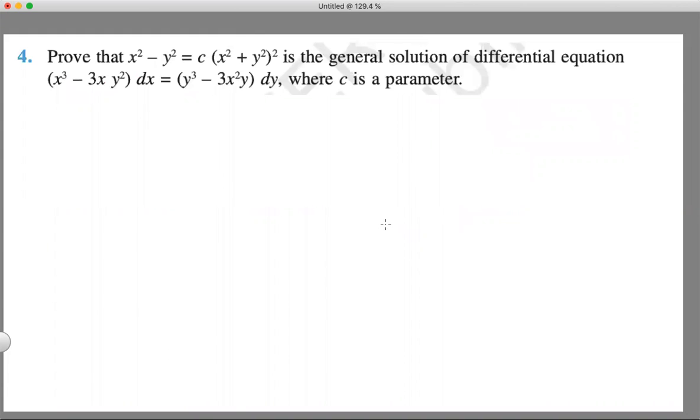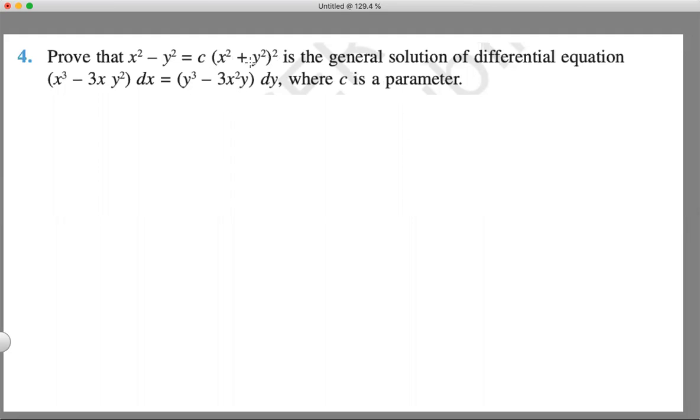And then this was another question that was asked. I don't remember who asked this, but now prove that x square minus y square is equal to c x square plus y square whole square is a general solution of this, right?